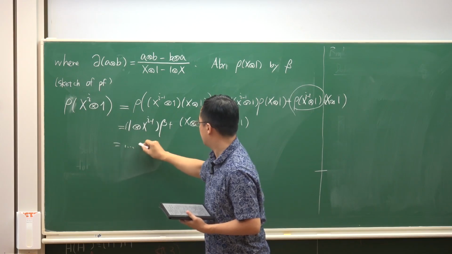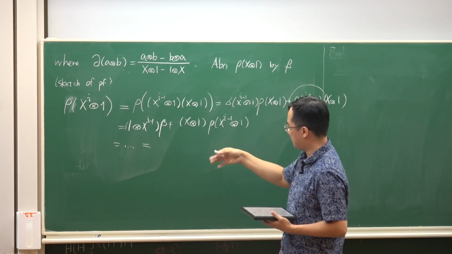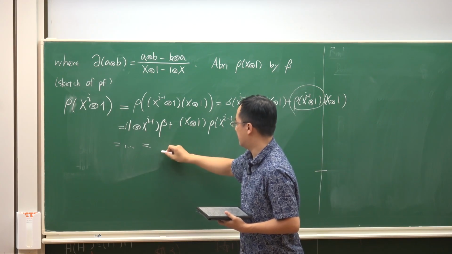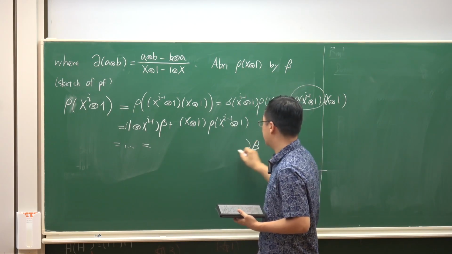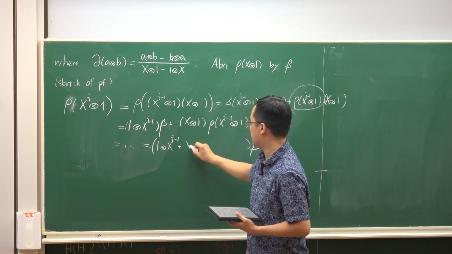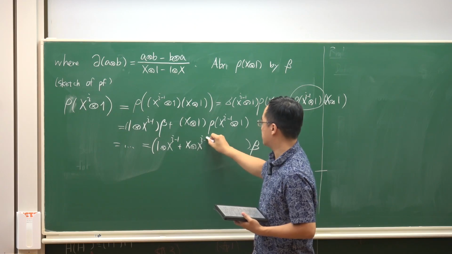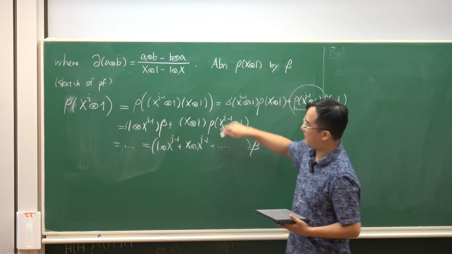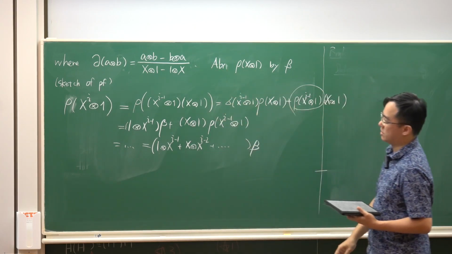So by a finite number of iterations, you get beta times 1 tensor x to the I plus 1 plus x times x to the I plus 2 all the way to some final term, which simplifies to this de Morgan operator.